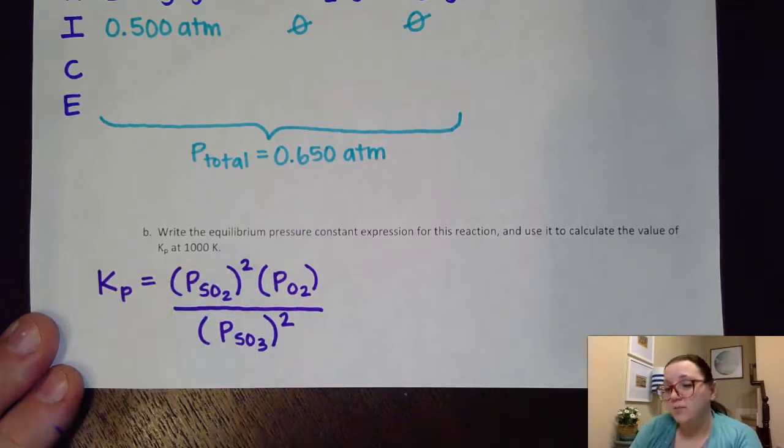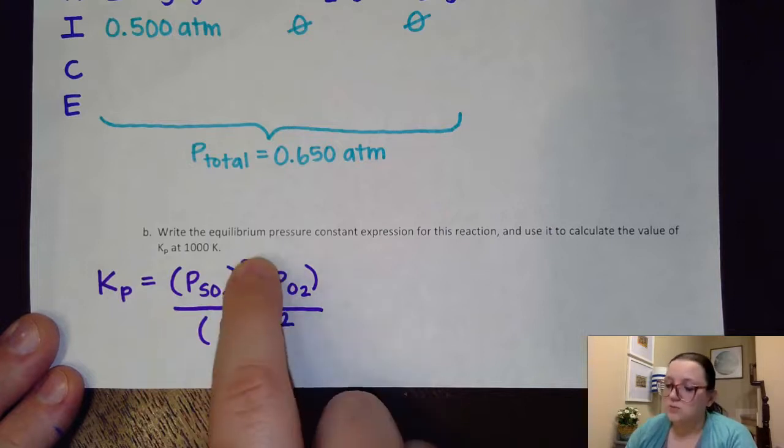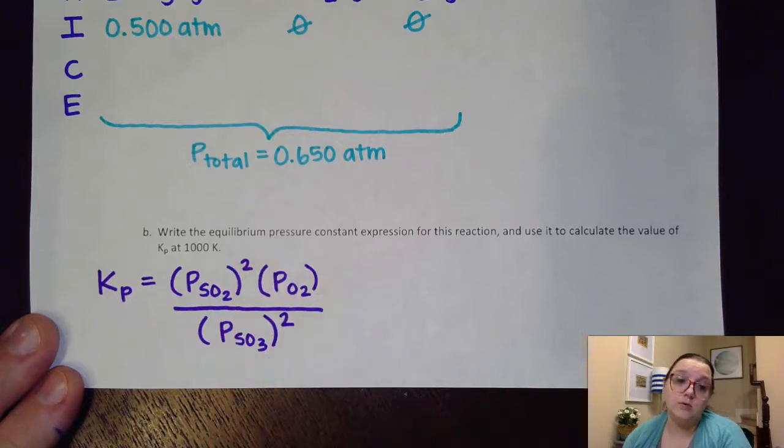So remember with Kp, I don't use brackets. It's not molarity here. And so I want to put those pressures in parentheses, but again, I do raise them to their exponent that's equal to their coefficient. So same idea, products over reactants, except that I want to use pressures in parentheses instead of brackets for molarity. So just be careful with that.